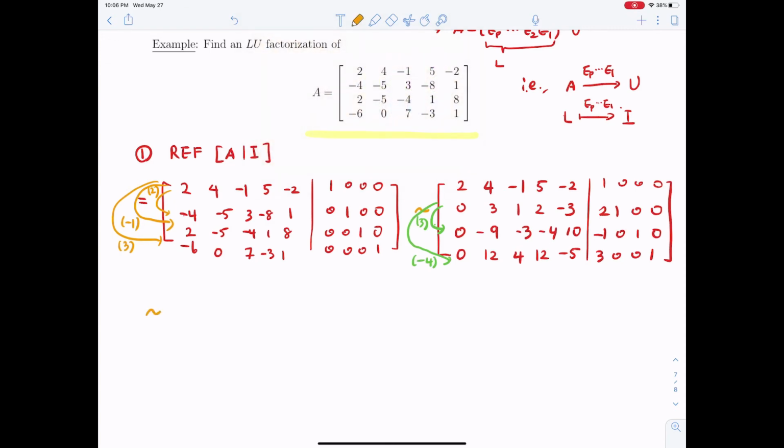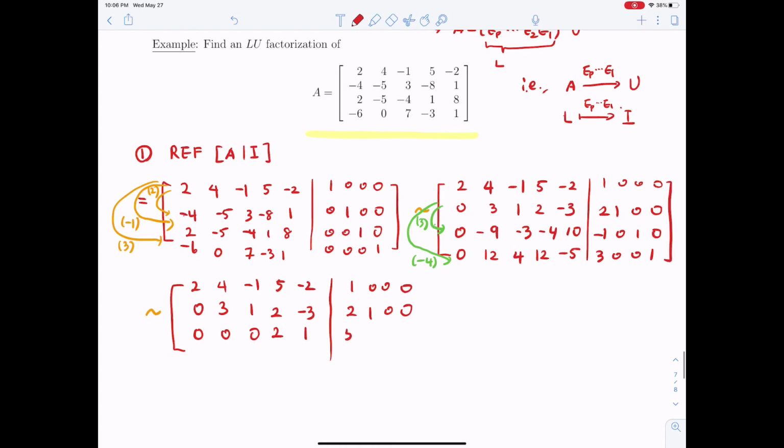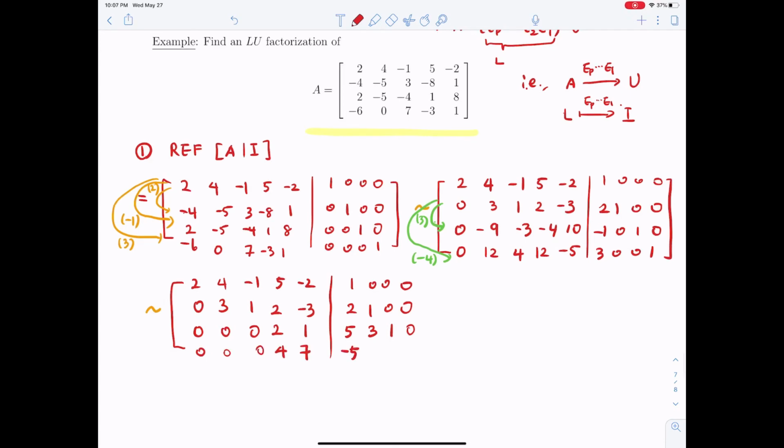Then this gives you 2, 4, -1, 5, -2, 1, 0, 0, 0, and 0, 3, 1, 2, -3, 2, 1, 0, 0, and we get 0, 0, 0, 2, 1, 5, 3, 1, 0, and 0, 0, 0, 4, 7, -5, -4, 0, 1.